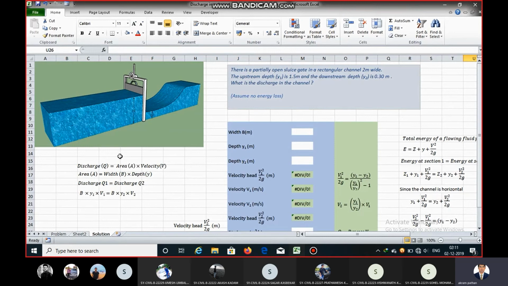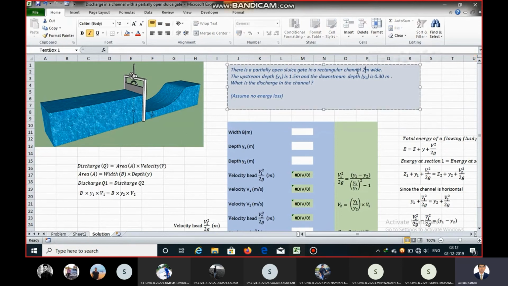So B into Y1 into V1 is equal to B into Y2 into V2. If you want to calculate the area, it is B into Y, that is width of the channel into depth, into velocity. In this way we can apply the continuity equation and calculate the discharge, that is area of the flow into velocity of the flow.